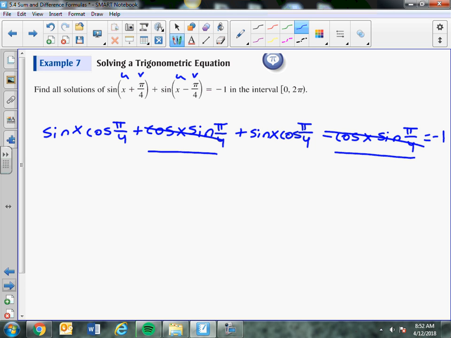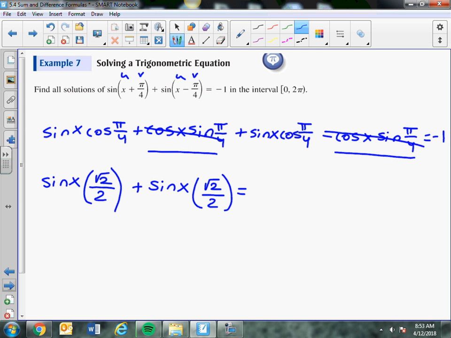So if I replace my cosine with the square root of 2 over 2, and I can do the other one as well. So sine x is not going to go anywhere. I can replace this one here with square root of 2 over 2, and then that's still equal to our -1.